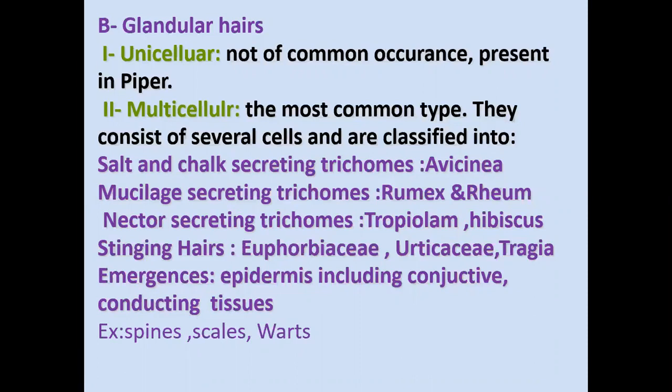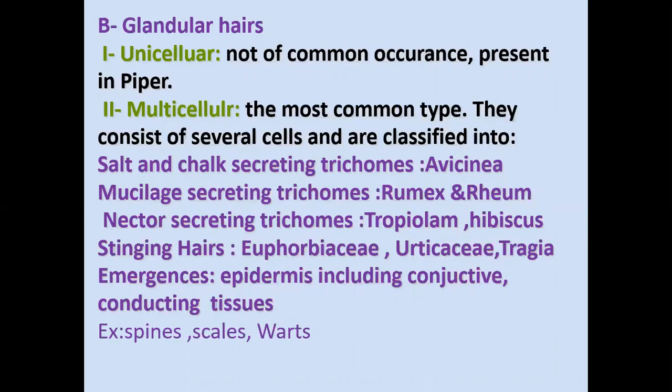Stinging hairs, another type, are present in Euphorbiaceae and Urticaceae plant members. In these plants, the glandular hairs look like a hook model. In Urtica dioica, the epidermis secretes some toxins which kill the insects. The basal part of the trichome is broad and the apical part becomes pointed.